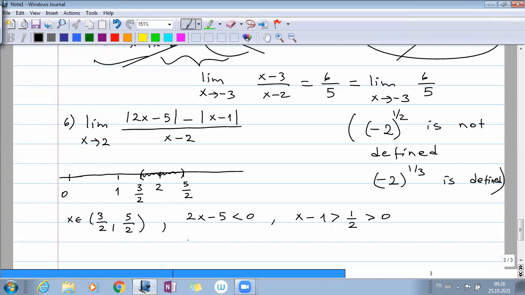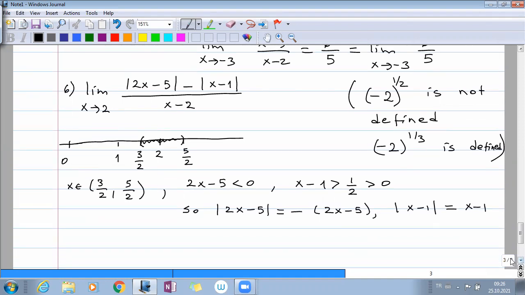So the absolute value of 2x minus 5 is minus 2x plus 5, and the absolute value of x minus 1 is x minus 1. This is for x in the interval 3/2, 5/2.